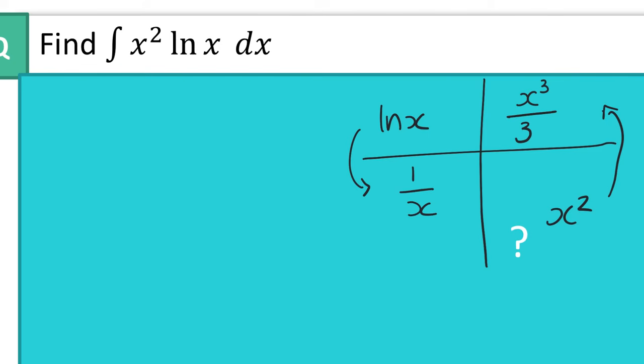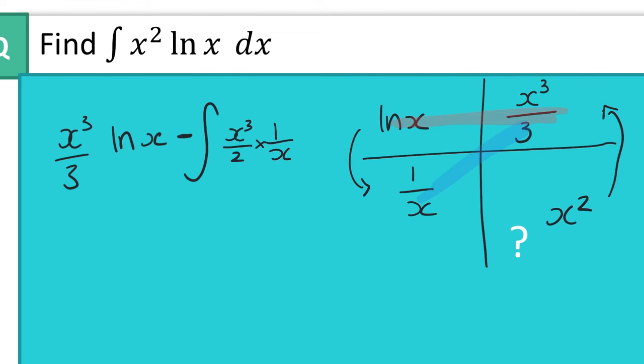So, magic number 7 then. Ln x times x cubed over 3 is going to be x cubed over 3 ln of x. What's next? Minus the integral of x cubed over 3 times 1 over x with respect to x.